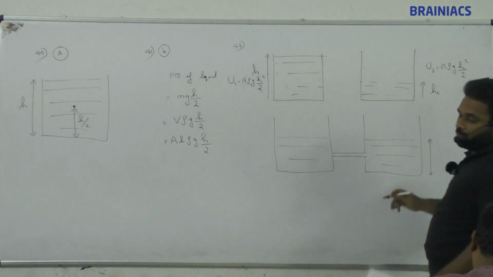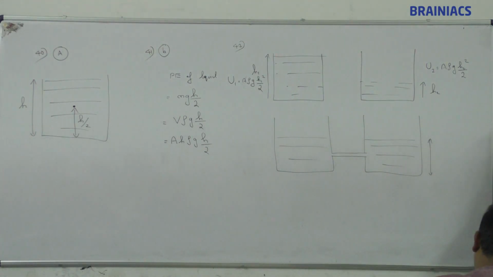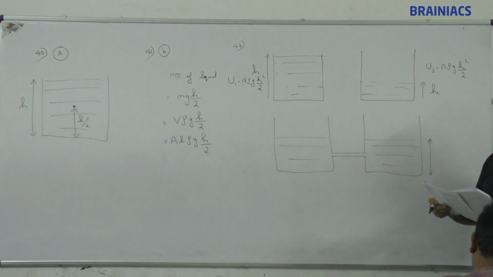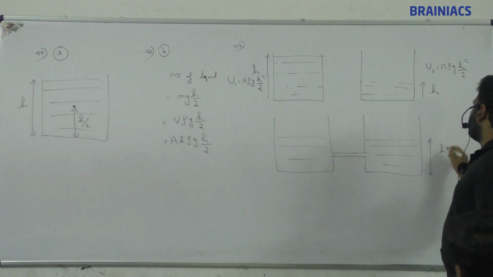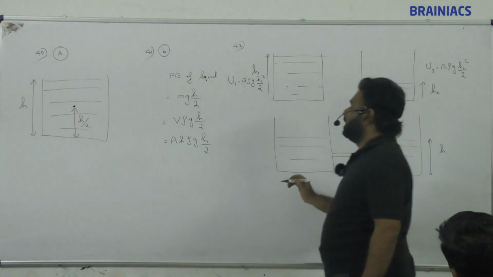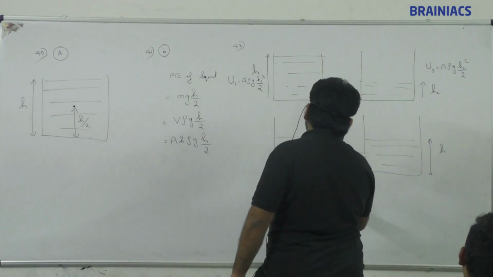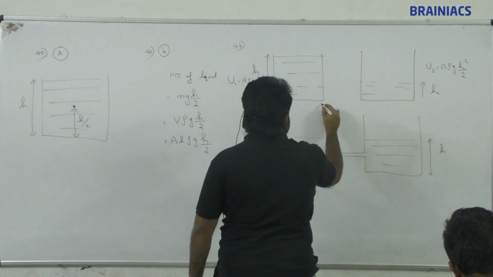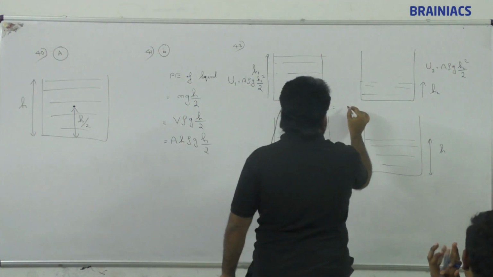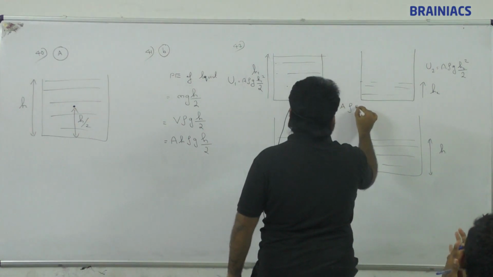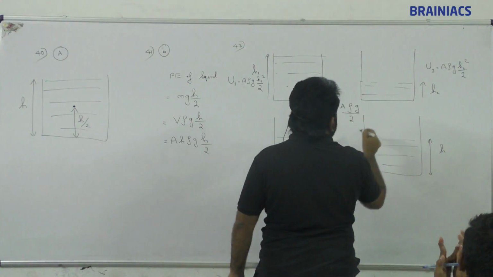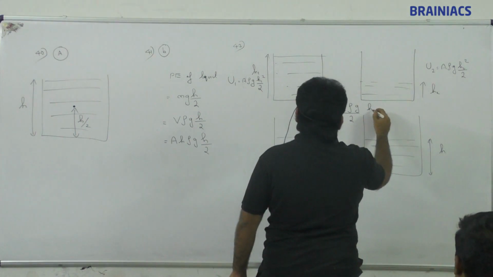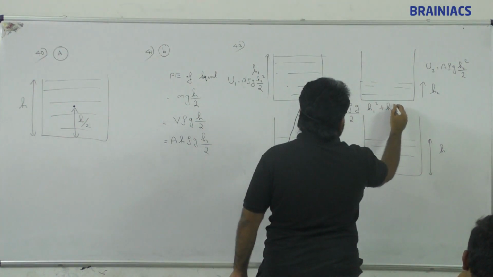Read the question. Is anything given? Equalizing the height. That is all, it is not given. So suppose we consider this as the final height, then this system will have, so this is the initial potential energy of these two, A rho g by 2 into H1 square plus H2 square, correct?